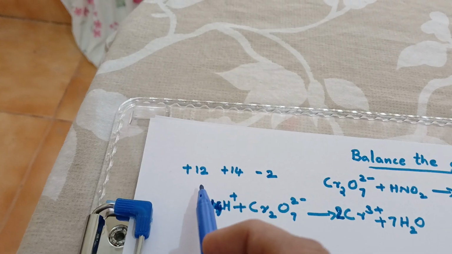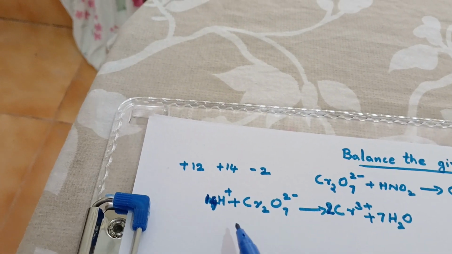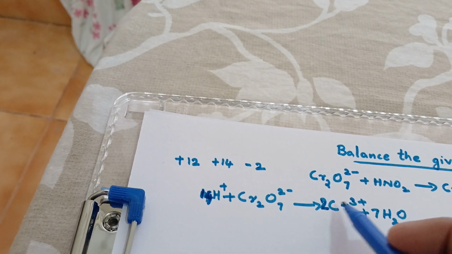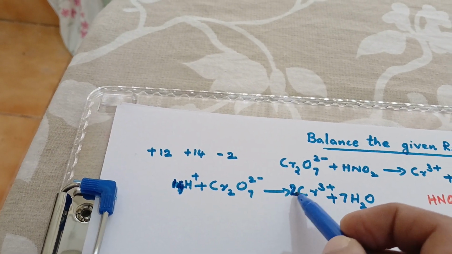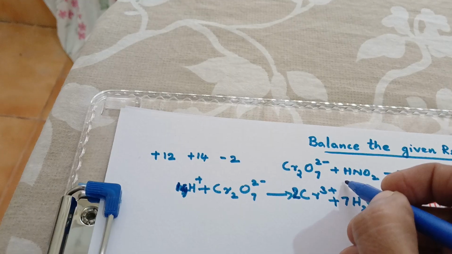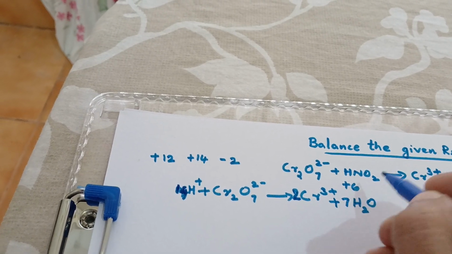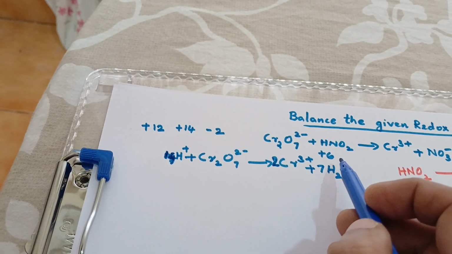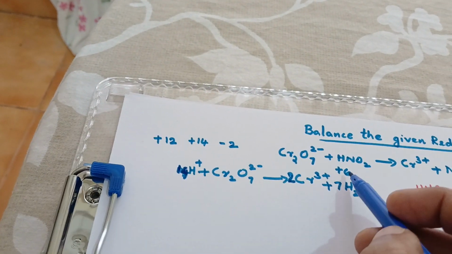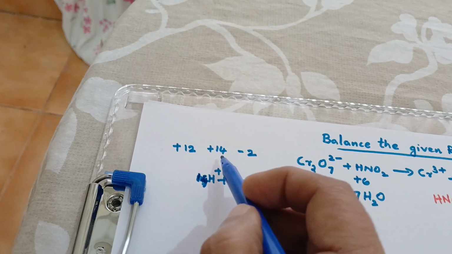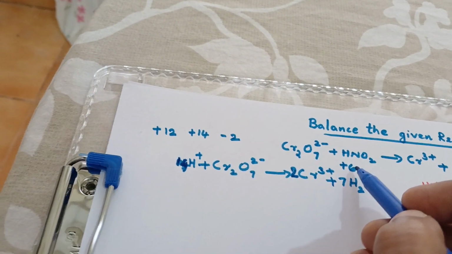So there is a charge of plus 12 on the left hand side, whereas on the right hand side there is a 3+ into 2. So plus 6 on the right hand side. So we need to make this side also balanced, that is, this side also equal to plus 6.